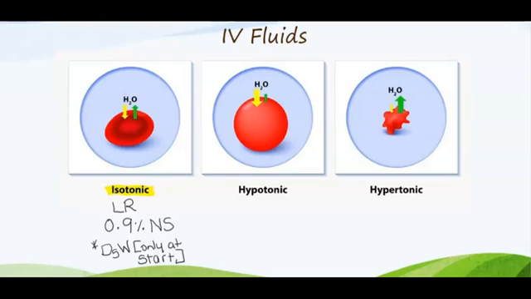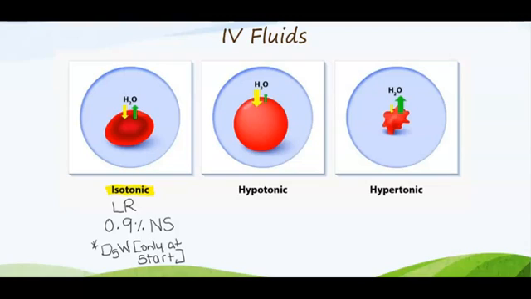So if I'm going to give a patient an isotonic fluid, such as normal saline, the fluid is going to stay within the vascular space. We're not going to see that it moves into the cell. Remember, with isotonic, we're talking about it being the same. I'm giving a solution that has the same concentration of solutes to fluid as we naturally see in our blood. So because of that, it's going to stay within the vascular space.